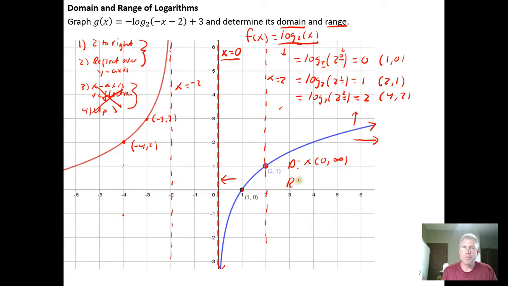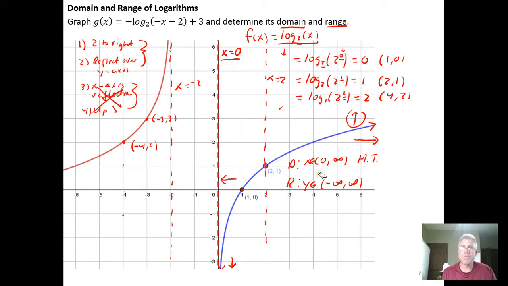The range is y going from negative infinity to positive infinity, and y is an element of the interval from negative infinity to infinity. The key is that only horizontal transformations can impact the x variables.